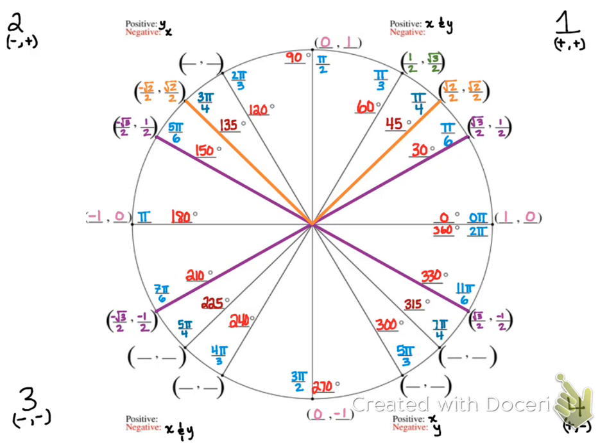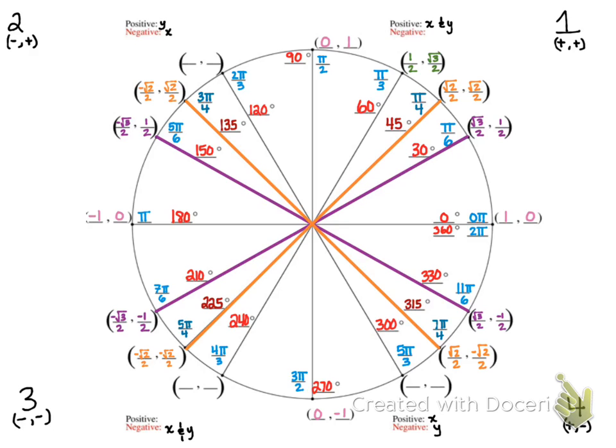Now we reflect over the x-axis, and those points are both negative, so we have negative root 2 over 2 and negative root 2 over 2. Final reflection is the 7 pi over 4, which gives us positive root 2 over 2, comma negative root 2 over 2.